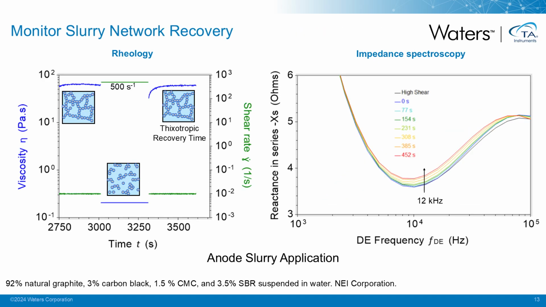And if we do this with a 3-step transient program, so we first apply a very low shear rate to simulate again the storage, then apply a high shear rate to simulate the coating, and again a low shear rate to simulate the resting of the sample after the coating, we can see in the viscosity data that there's some time needed for the sample to recover to its original structure, and we can now collect during all these measurement times different dielectric spectra.